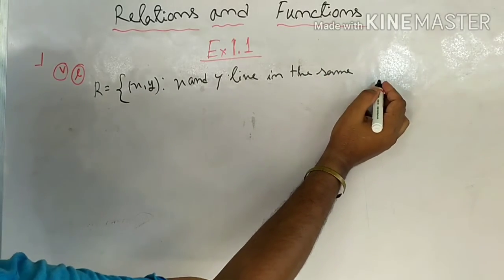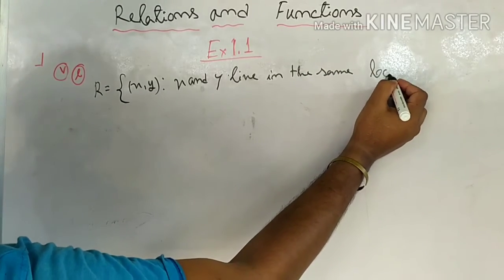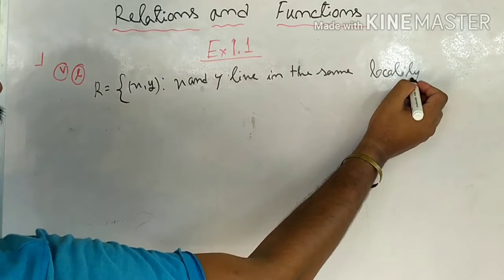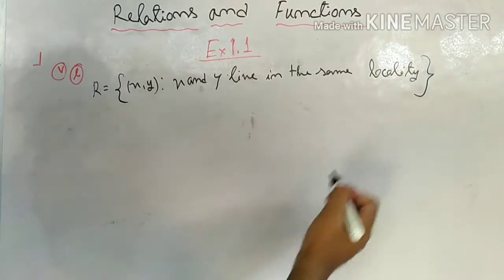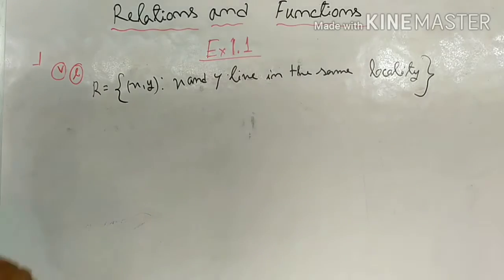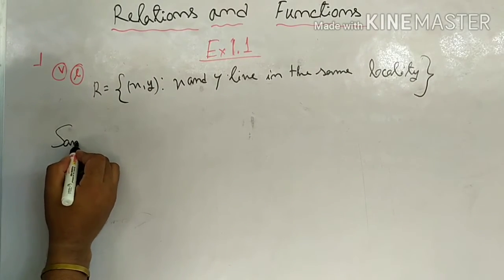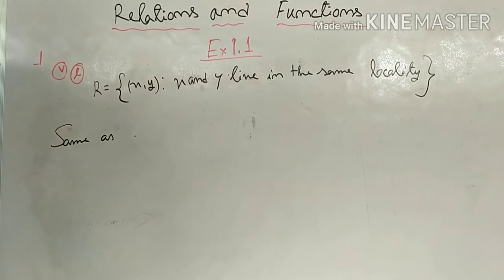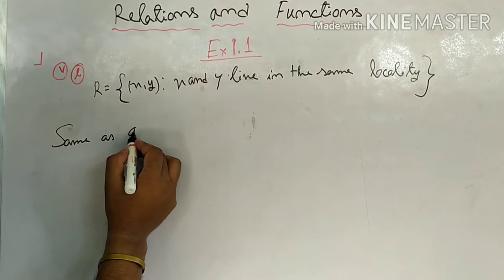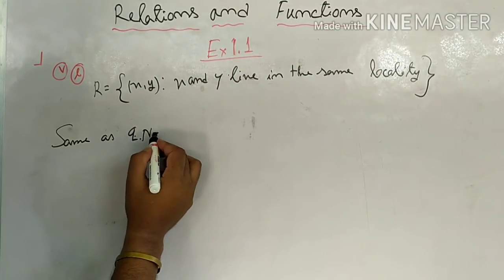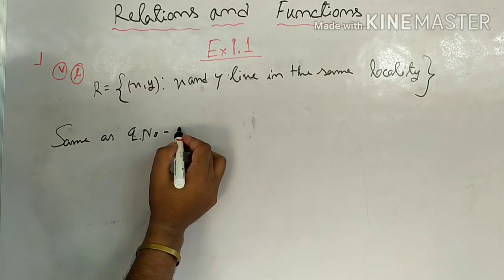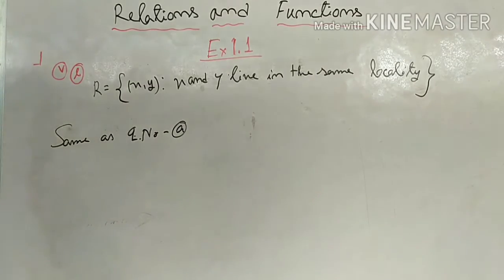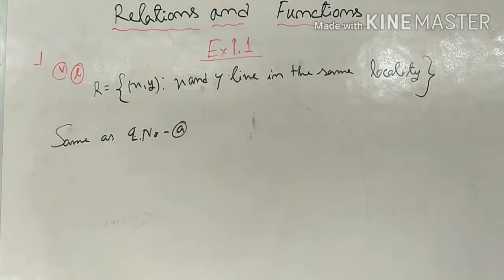This question is also the same as A number. So all of you write it the same as A number, just the difference is in A number x and y work at the same place, and here x and y live in the same locality. So same as question number A. Okay, all of you write this question also.